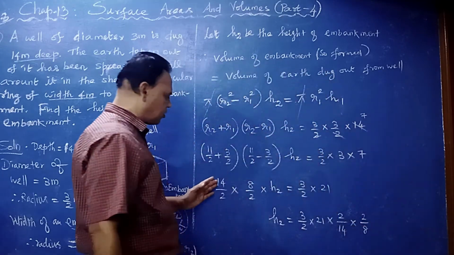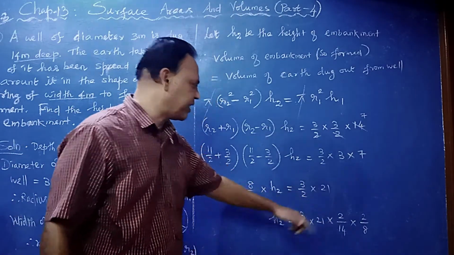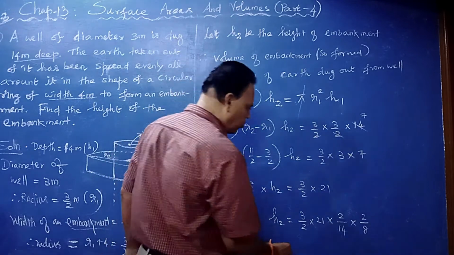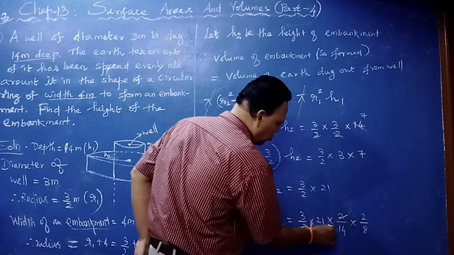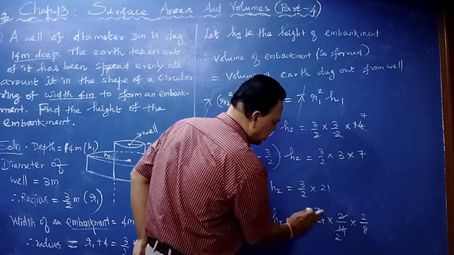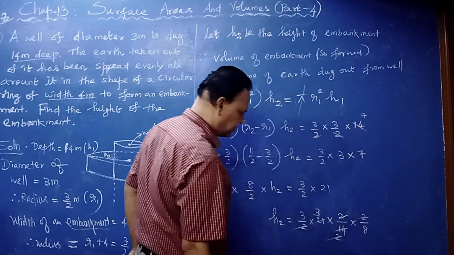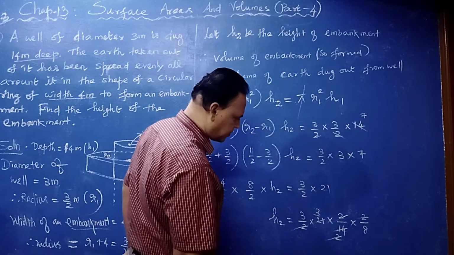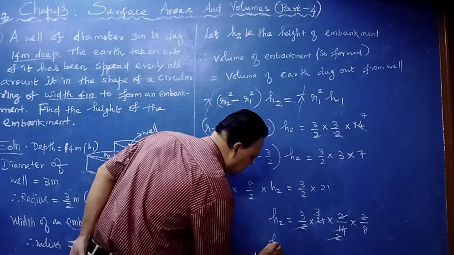So you should know this method also. Clear? When you bring it from this side to this side, you have to take the reciprocal. Now you see, easily you can cut this 2 and this 2. Here 2 goes in 14 seven times, and 3 goes in 21 seven times, and again one more 2 gets cancelled. Understand? That means 9 by 8.